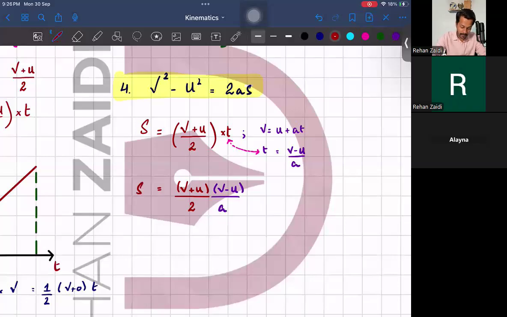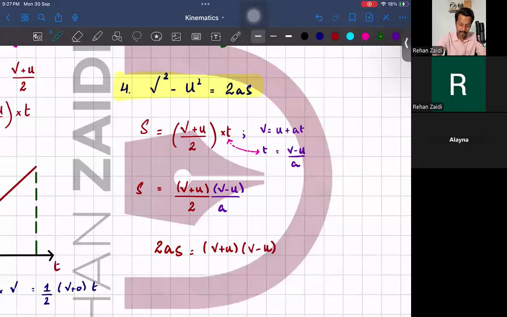I'm multiplying this 2 and a and moving it to the other side of the equation, which becomes 2as, and on this side we have (v + u) and (v − u), which is, I remember, a mathematical identity.